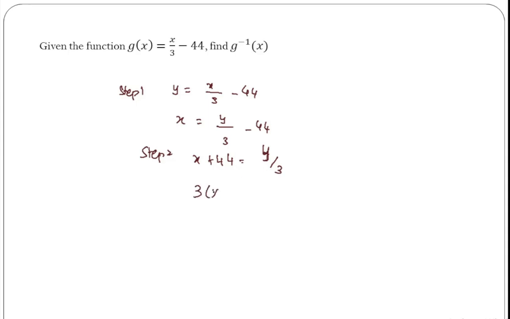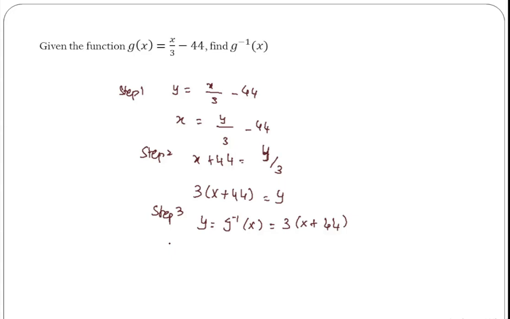Then 3 of x plus 44 equal to y. Okay. Now step 3, we have to write y is equal to g inverse of x equal to 3 of x plus 44. This is the inverse.